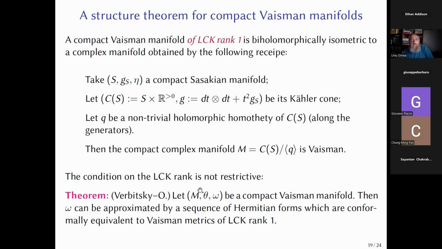And it's not restrictive, the condition on the rank, because we proved that you can always deform a Weismann manifold to one of rank 1. You can approximate, and this doesn't change anything.